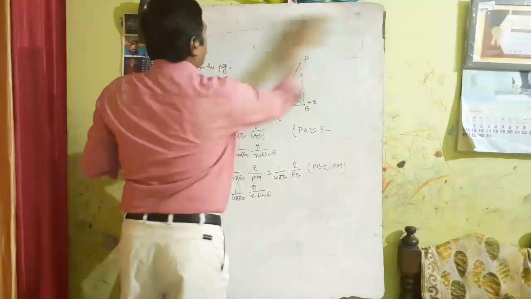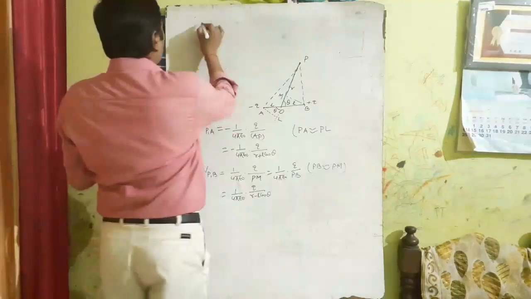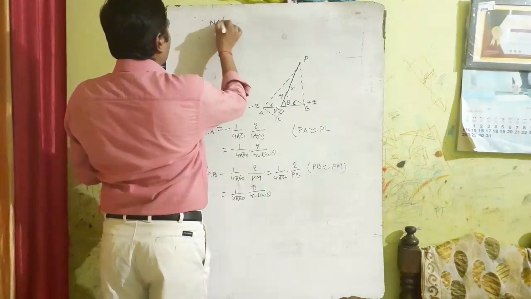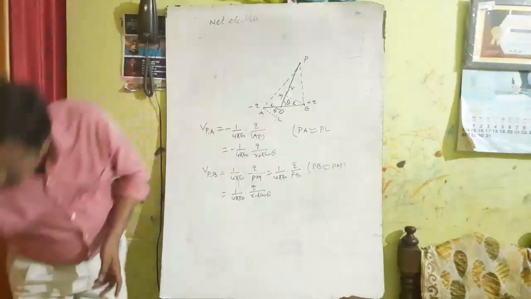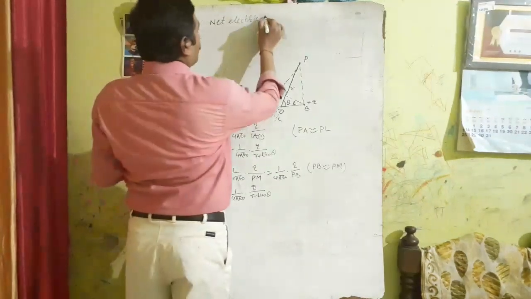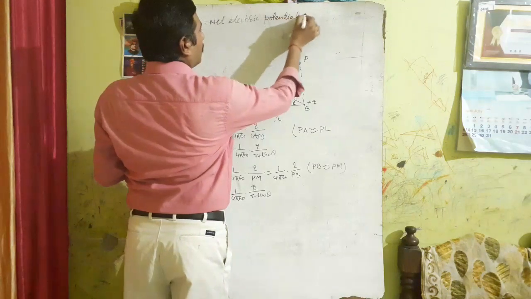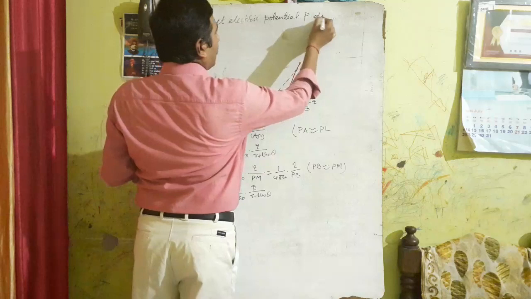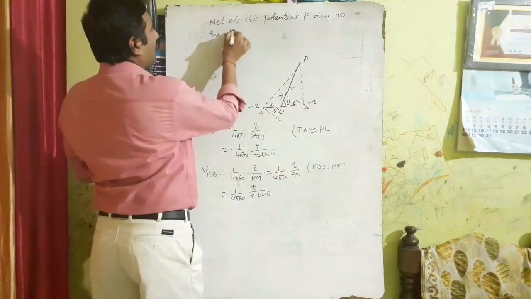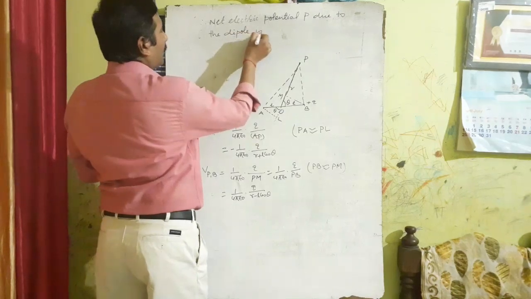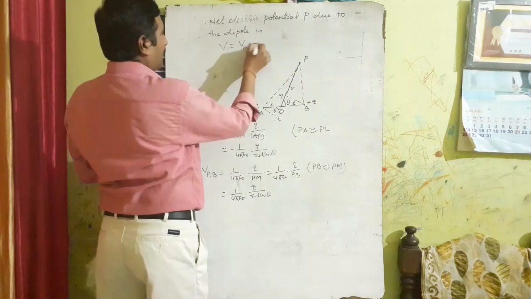Therefore, the net electric potential at P due to the dipole is V equal to VPA plus VPB.